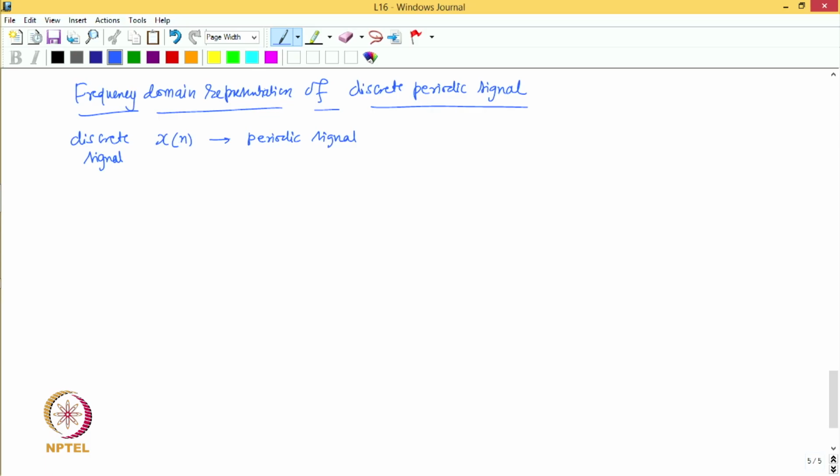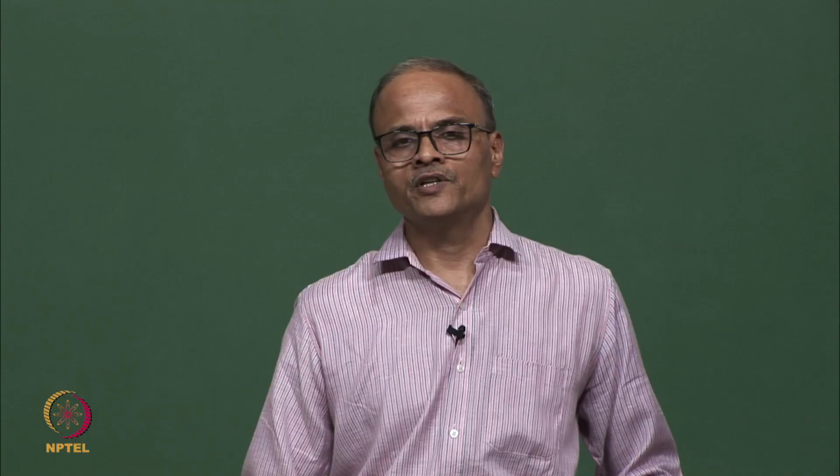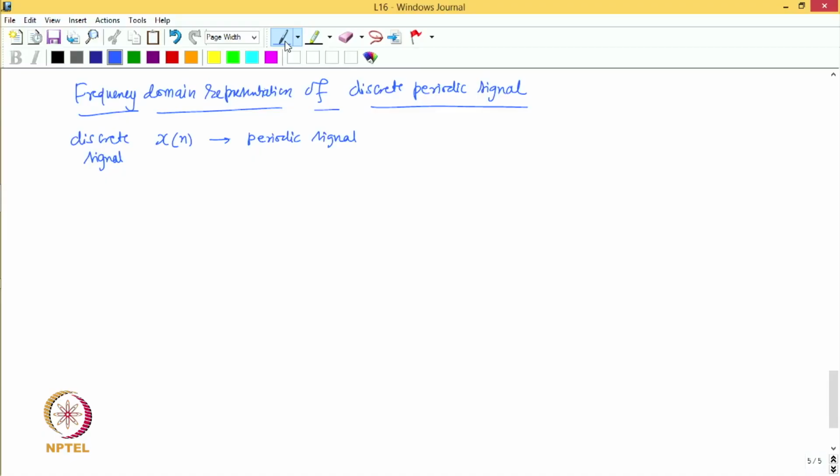So, now to obtain the frequency domain representation of this, we basically start from the frequency domain representation of a periodic continuous signal. Now, since x of n is periodic, it has a period. So, it means it repeats after a certain number of samples. So, let us say n is the period of the signal.